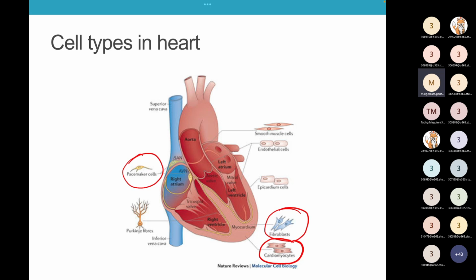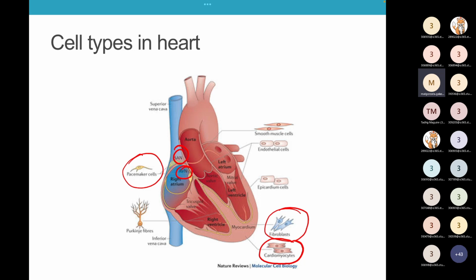The pacemaker cells, which are present in basically all parts of the conductive system of the heart, including SA node, so sinoatrial node, AV node, atrioventricular node, bundle of His, left and right bundle of His, are characterized by excitability, so they can generate action potential.